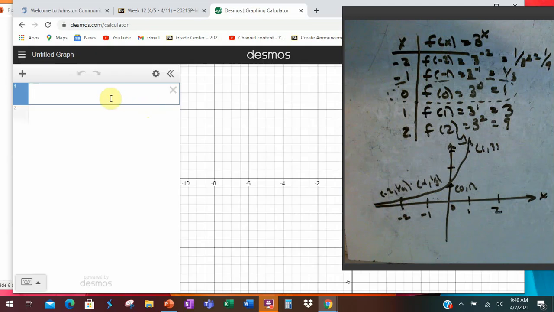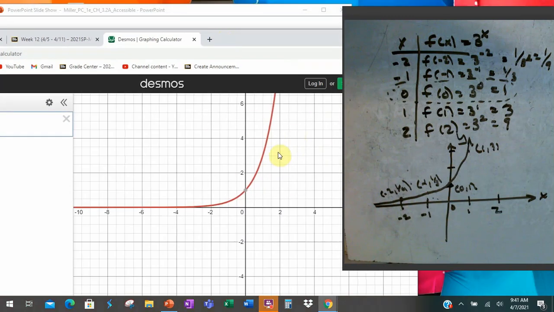Give it a second. And now I'm graphing y is equal to 3. And now I'm going to do my exponent as shift 6. That's the little caret, and that's now my exponent. So that's how I graph an exponential in Desmos. And that's what it looks like.